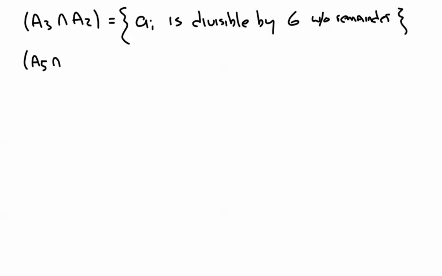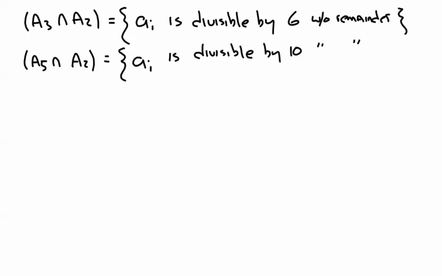A5 intersect A2 is the collection of outcomes, a collection of integers, A sub I, that are divisible by 10 without remainder.